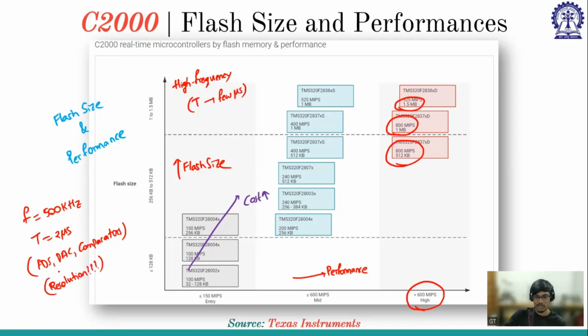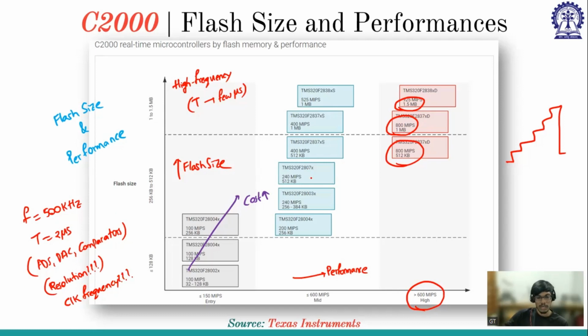If the resolution is low, then the counter step size will be more, and we don't have high resolution. Again, it depends upon the clock frequency that that particular microcontroller is providing. So depending upon all these things, you choose.